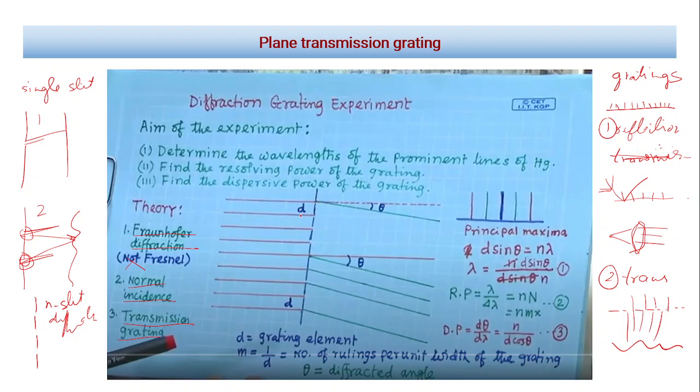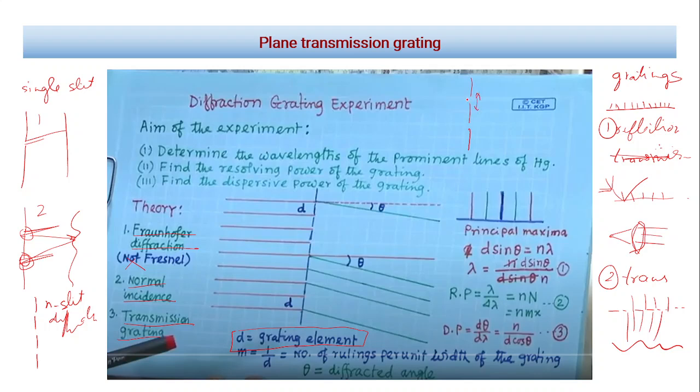Now another thing is, what is this d? For gratings we call d the grating element. Let me explain. When we were talking about two-slit diffraction, say there are two openings in the slit.